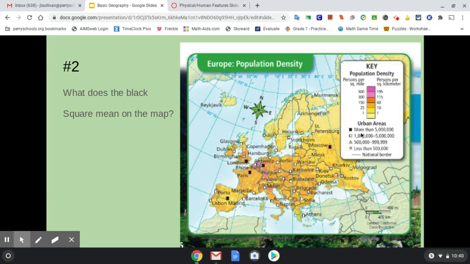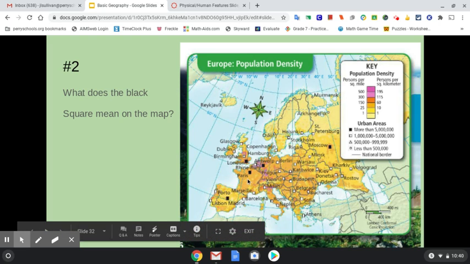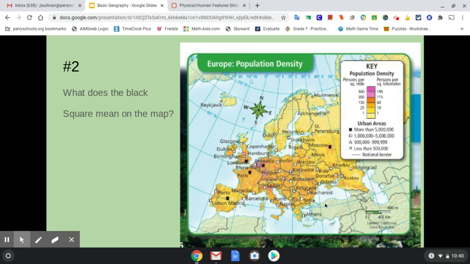And next to it, it's going to tell you what that means. So your answer on this one is that black square means more than 5 million people live in that city. So every time we see that black square, we know that those are the most populated cities in this region because they have the most people. They have more than 5 million people.